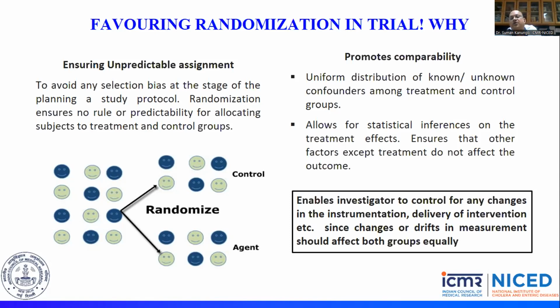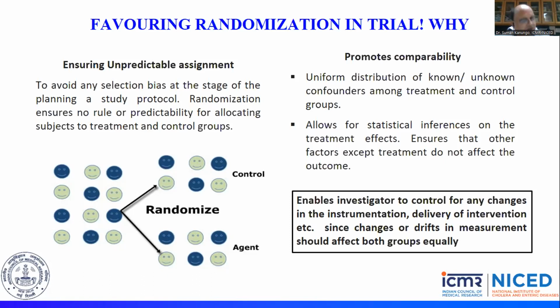Uniform distribution of known and unknown confounders among treatment and control groups allows for statistical inferences on the treatment effects, and ensures that factors other than treatment do not affect the outcome. We try to do that. There may be unknown confounders which creep in. That is why the concept of confidence interval or precision comes in, as discussed earlier, the 95% confidence interval for the precision.